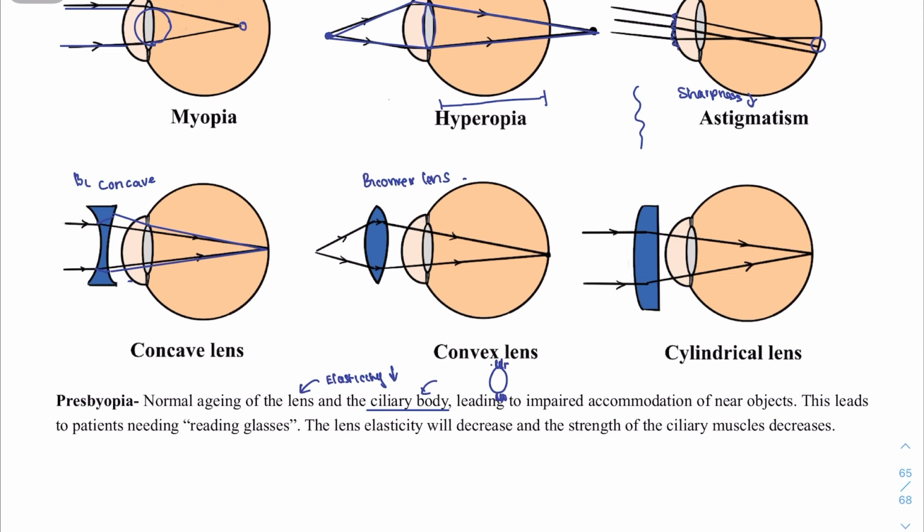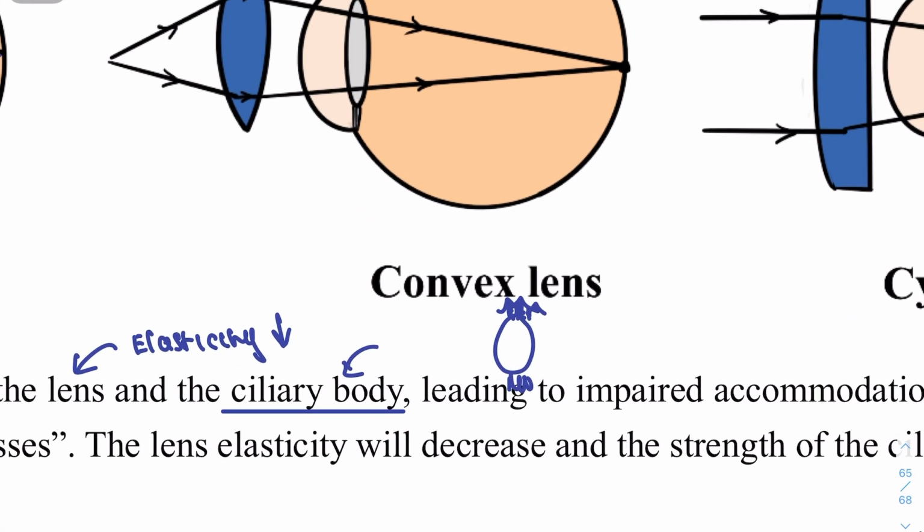In the sense, you need to stop these suspensory ligaments from pulling the eye. If you want more details, you can watch the lecture I did on neurology, the cranial nerves, part 1.